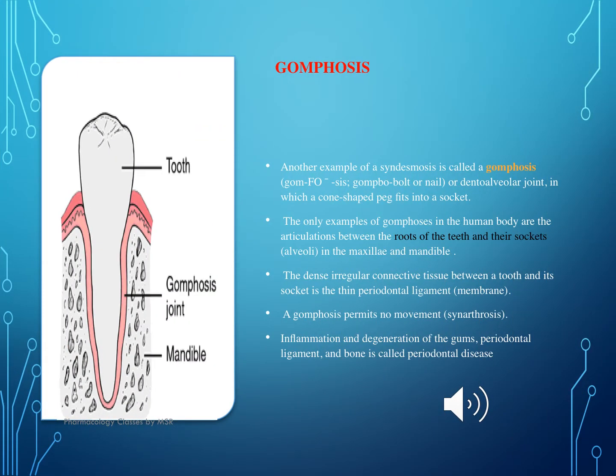Another example of a fibrous joint is gomphosis. Gomphosis is nothing but a bolt or a nail which is fixed. Here our teeth are like a bolt or a nail fixed into a socket. The only example of gomphosis is our teeth and their sockets. The irregular connective tissue between a tooth and its socket is the periodontal ligament.